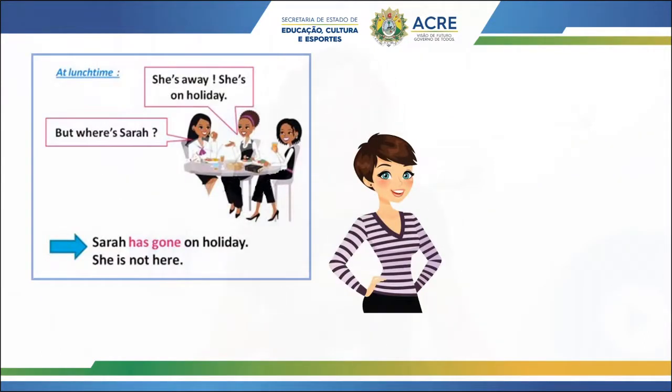Let's see another example. At lunchtime. These girls are talking about Sarah. But where is Sarah? She's away. She's on holiday. Sarah has traveled to Spain. She's not here in Brazil.